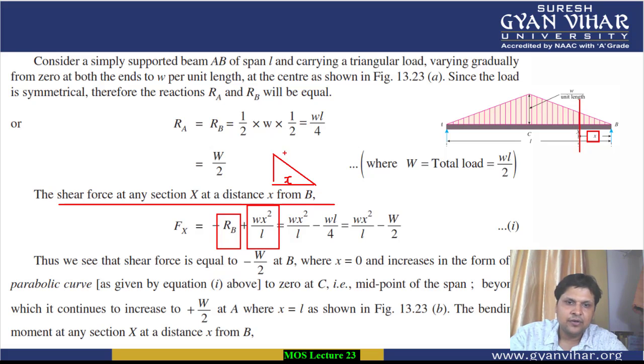In place of x, we will write L. So it will be written as Wx by 4, or in other words, we can say Wx square by L, in place of this particular UVL.